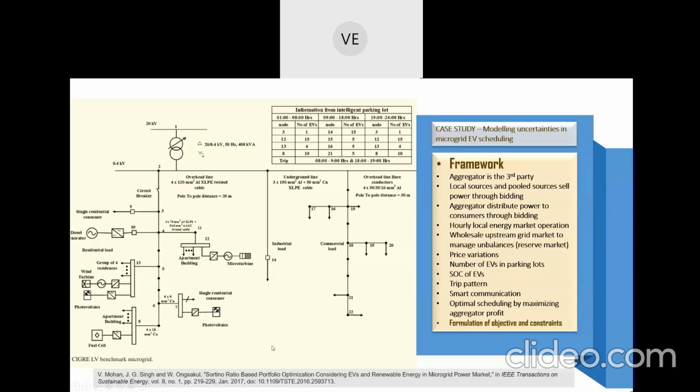Normally we know that load flow is a deterministic static tool, right? Because when you run Newton-Raphson load flow or load flow using the Gauss-Seidel method, you assign each bus as a PQ bus or a PV bus or a slack bus, right?